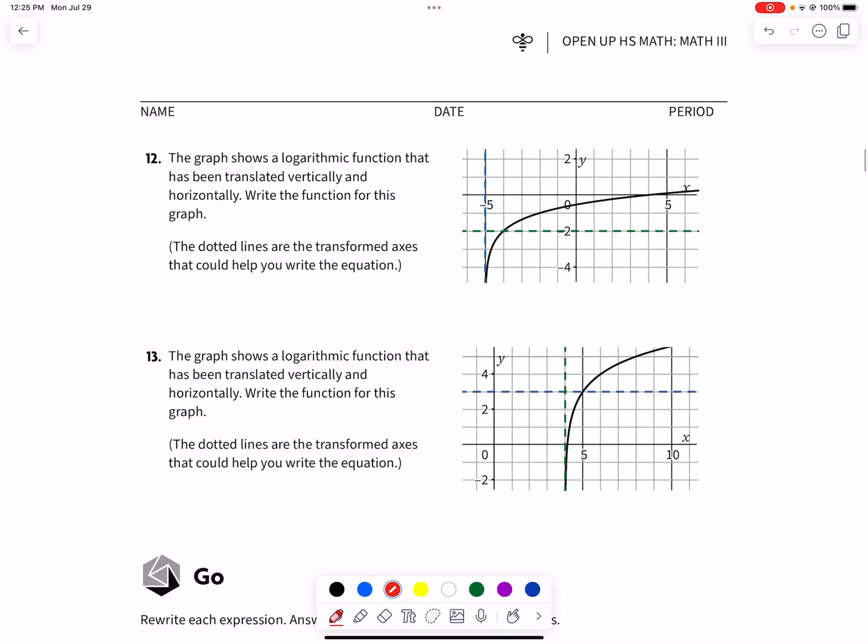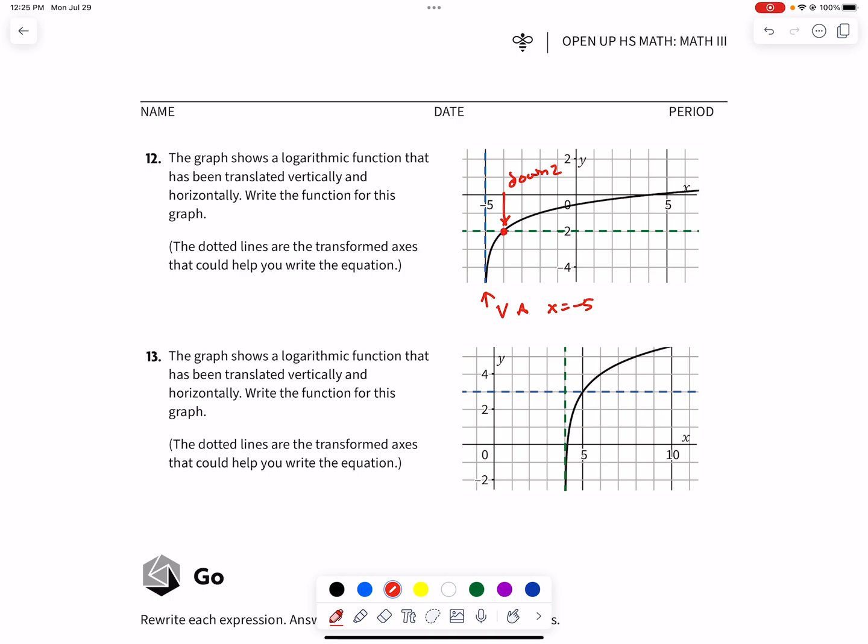Next page. I know, they don't correspond on the printed version. Okay, so let's see. They've moved things over. The VA is at -5. So it's left 5. So it's log base something of x plus 5. And we are also down 2. And what's the base?